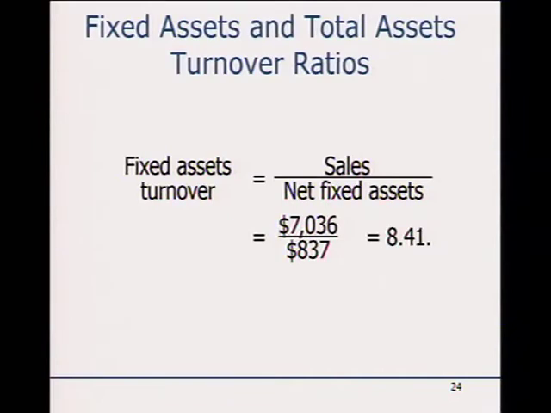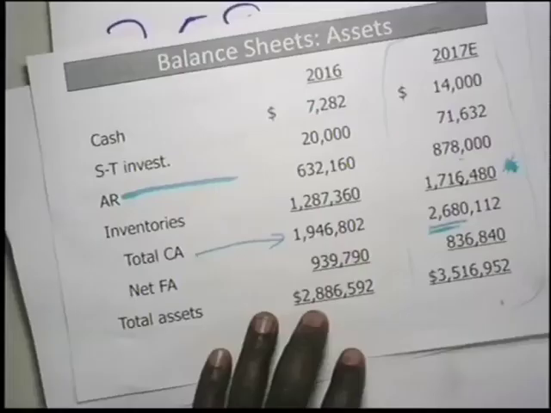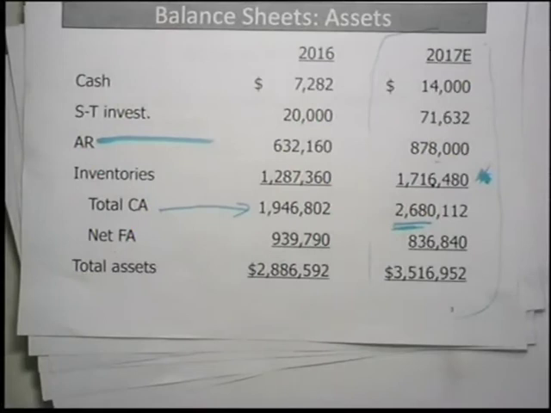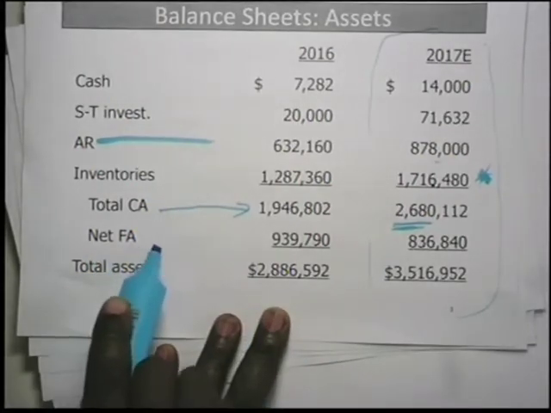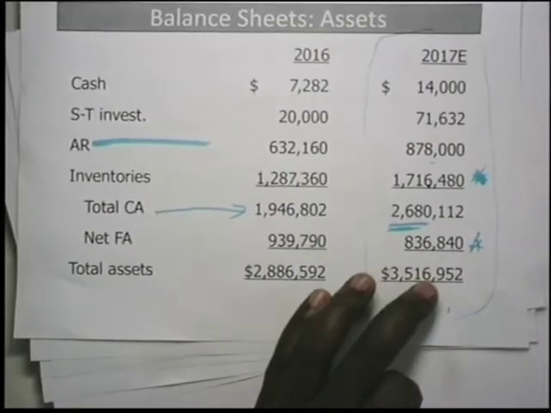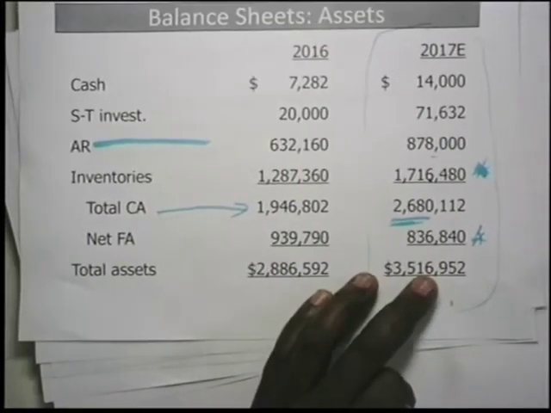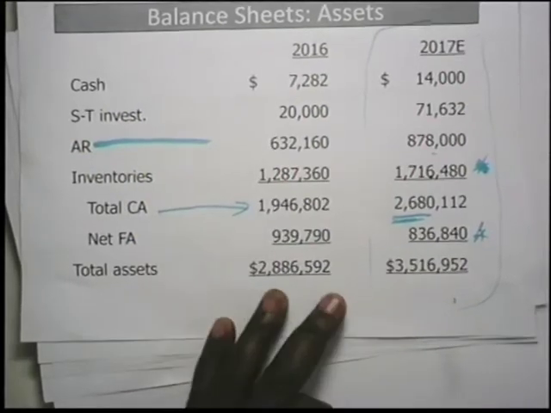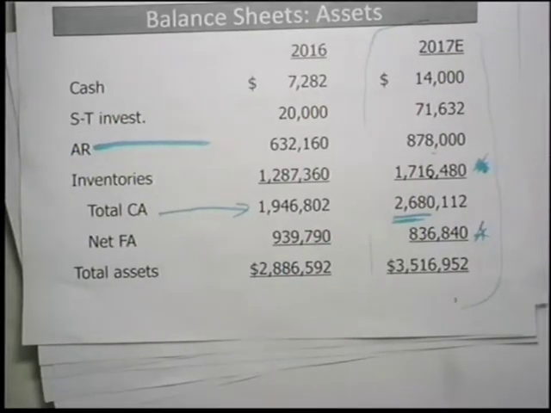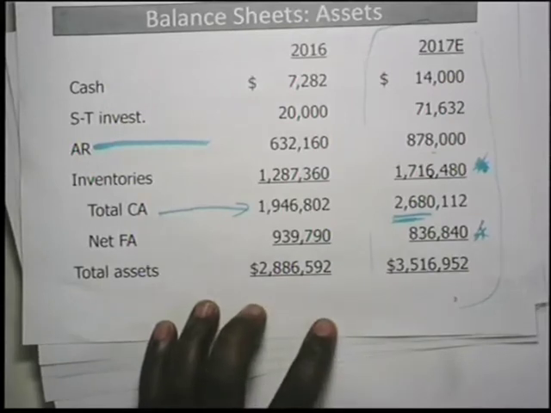Right, this is the current assets. When you look at our balance sheet, you see our net fixed assets figure for 2017 is 836,840. Rounded up to the nearest thousand, that's 837, which represents 837,000.